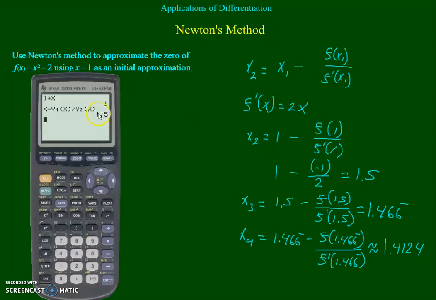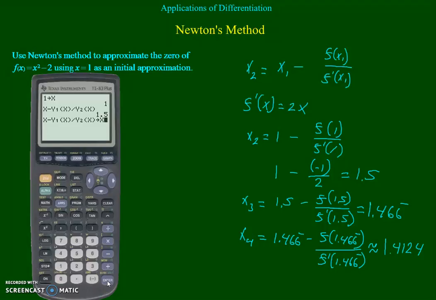But what I want to do is set it up so it's a little bit more automated, and I'm actually going to use this approximation and store it back into our x so that we can generate a second approximation. So I'm going to recall my function, second, enter, recalls the last function, and store that result into x.